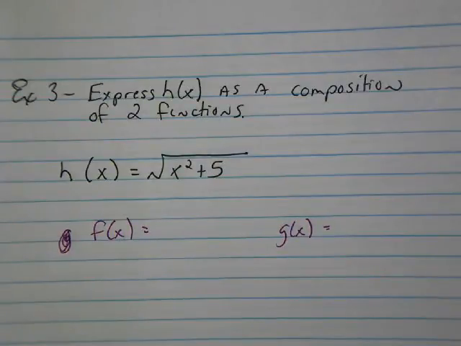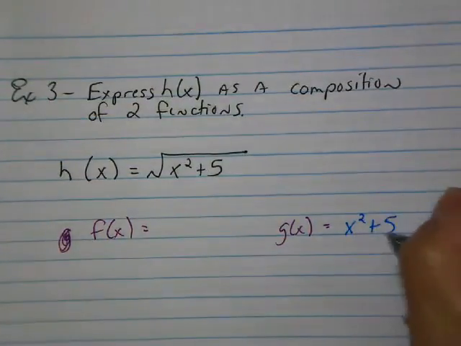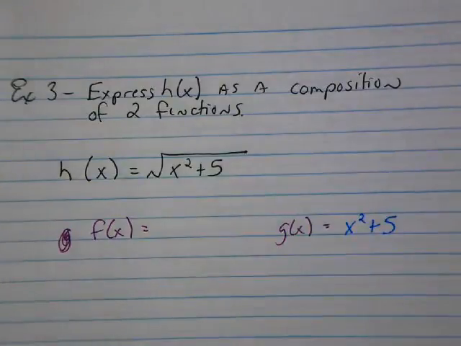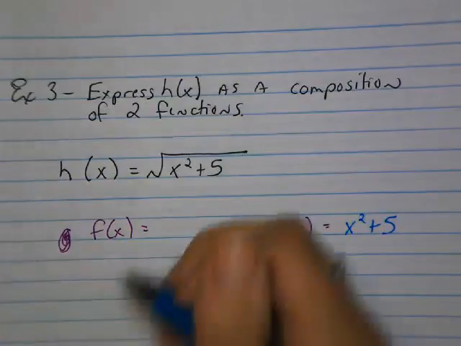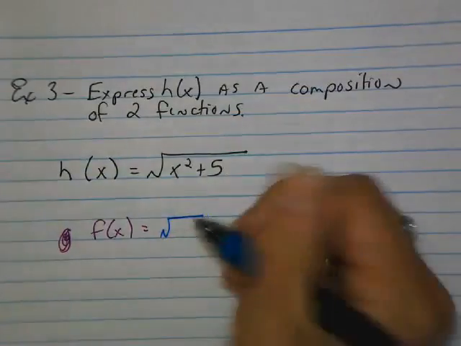So g of x would be x squared plus 5. And f of x is the outermost function. So ignore this, and it's just the square root. But we just can't take the square root, so it's just the square root of x. So it's just separating them into two terms.